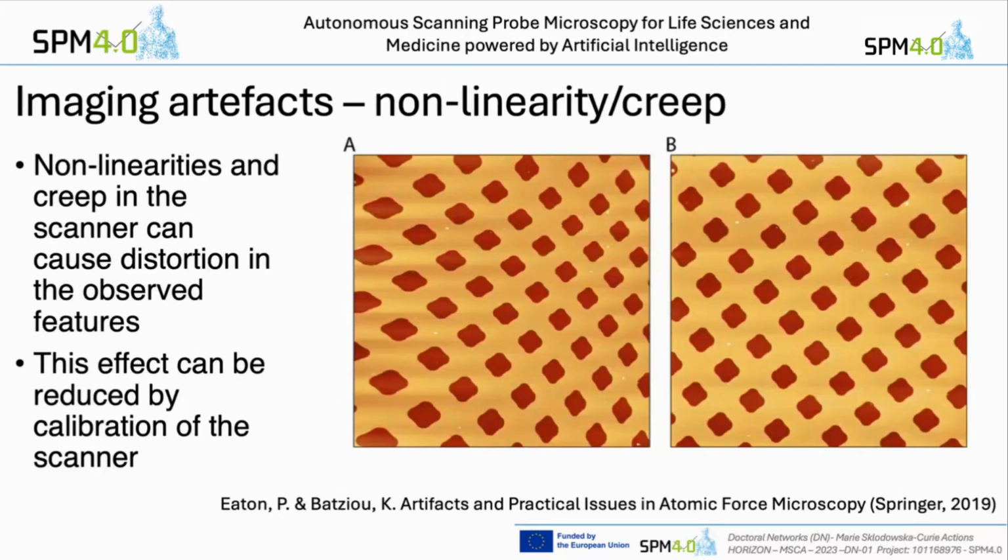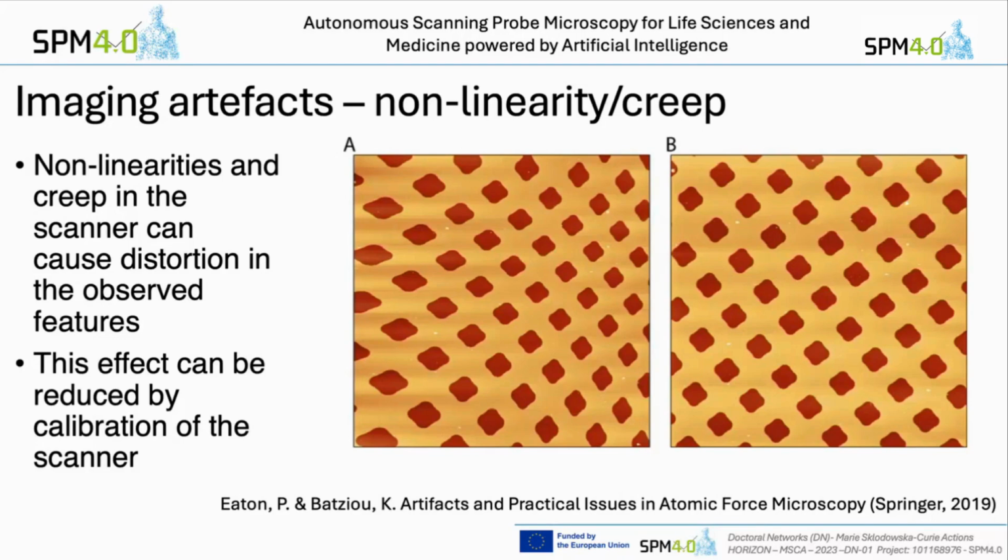You also have, quite similar to drift, creep, and this is more to do with the scanner. How the scanner moves can be slightly non-linear, and you get these edge effects where the edge of the image is elongated or compressed because the scanner isn't moving completely uniformly across its range of motion.